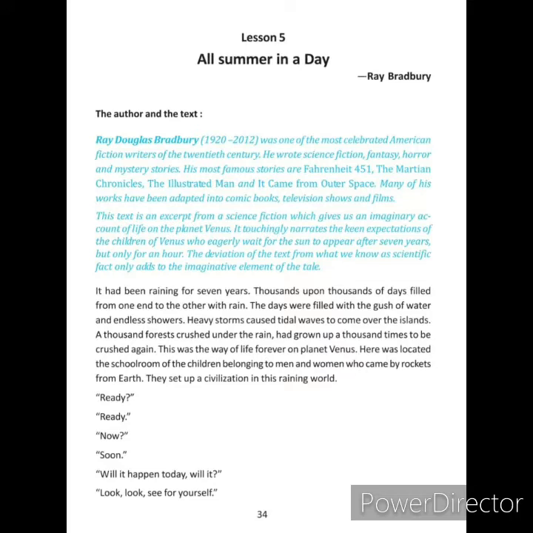It touchingly narrates the keen expectations of the children of Venus, who eagerly wait for the sun to appear after 7 years, but only for an hour. The deviation of the text from what we know as scientific fact only adds to the imaginative element of the tale.